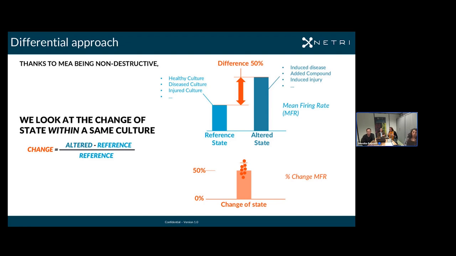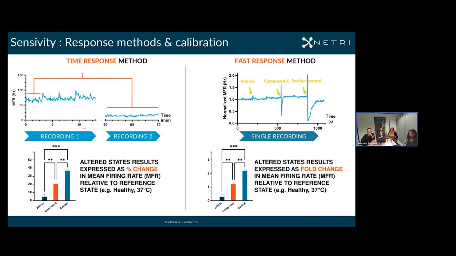Depending on the type of compound we are testing, we can use what we call the time response method. We do a recording before application of the compound, and then at different time points after compound addition, we do follow-up recordings.